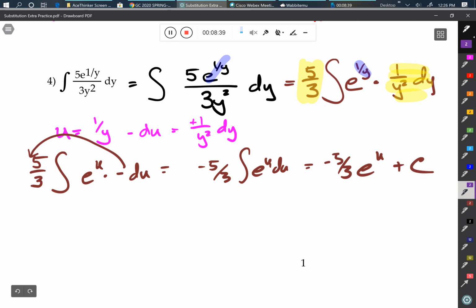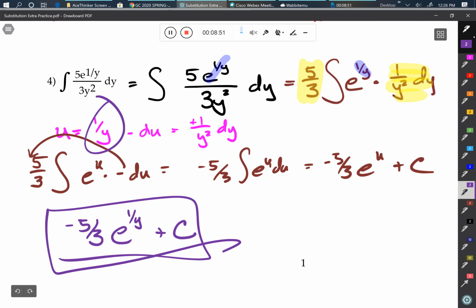And then back substitute because u was 1 over y. So I've got negative 5/3 times e to the 1 over y plus c. So what looked hard ended up being not so bad because I'm following a pattern. I saw an exponential term with an ugly exponent, use the ugly exponent as u and see what happens.